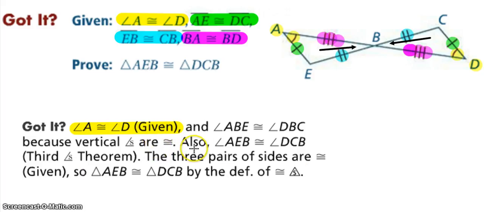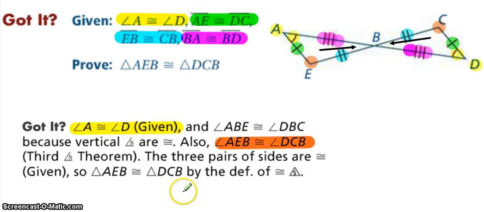So because of vertical angles, ABE is congruent to DBC, and then AEB must be congruent to DCB because of our third angles theorem. So if I look here, that's this angle at E and this angle at C.